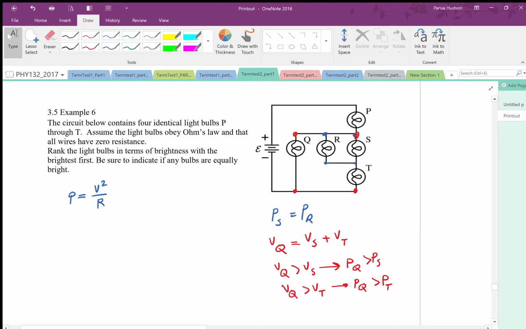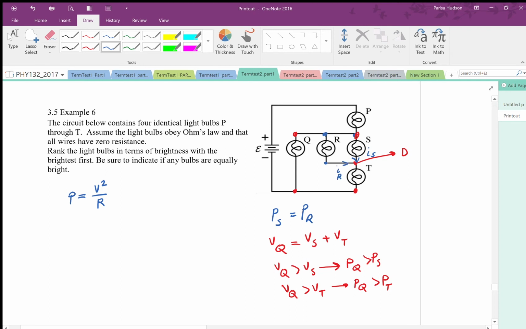So, how about PT compared to PS? Well, if I look at this junction point, I can call this junction point D. The current coming through S, I call it IS, and the current coming from light bulb R, I'm going to call it IR.